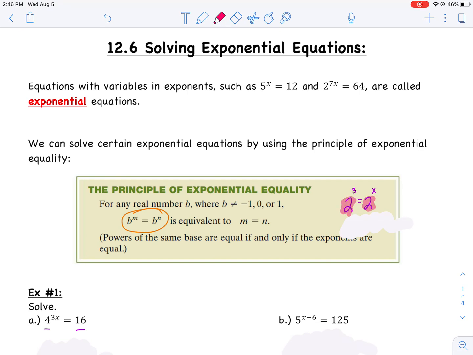Well, if both of our bases are 2's, and if the equation says that the left side should be equal to the right side, well, if the bases are the same, then shouldn't the exponents be the same so that the left side equals the right side? So if the bases are equal here, then that means the exponent should be equal, and I can say that x equals 3. So as long as I can get my bases to be the same base, well then I can set my exponents equal to each other and figure out what x is. I can solve the exponential equation.